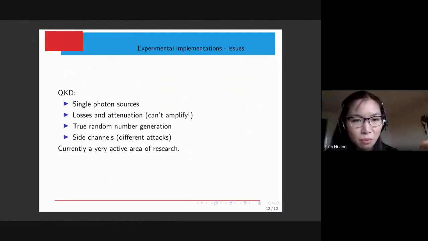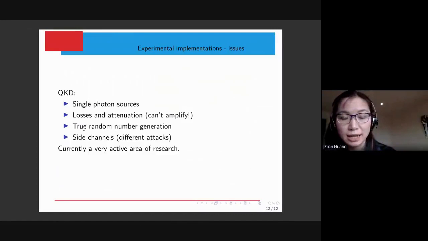Another problem would be that you need true random number generators. Remember, when Alice is trying to generate her key, she would need to choose randomly her classical bit string, as well as which bases to prepare her state in. And we assume that information is completely hidden from a potential eavesdropper.